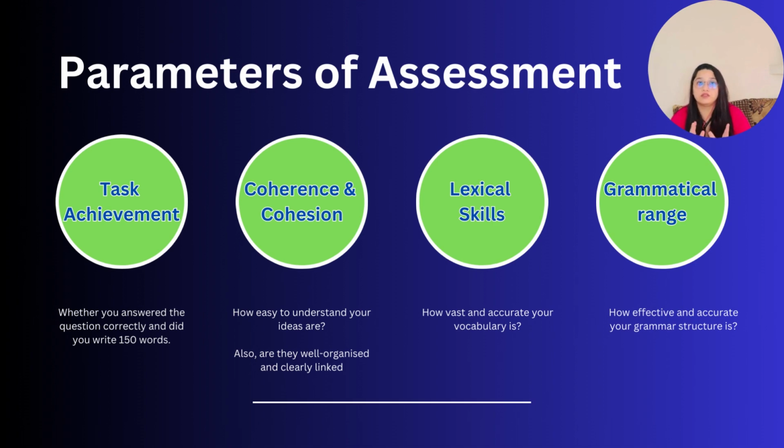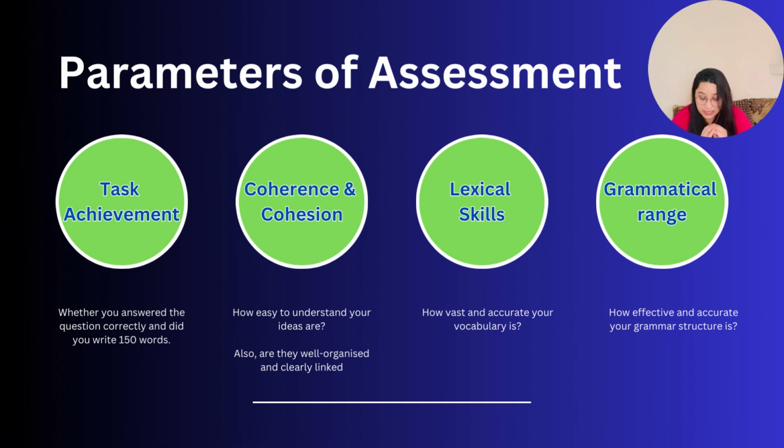It should be in a story form, or you can say the reader should find it interesting. The most important tool for coherence and cohesion is the connecting words, the linkers: moreover, furthermore, in addition, etc.